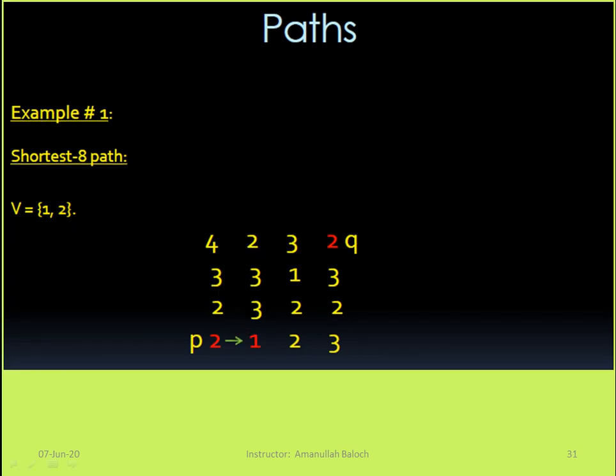From this onward we can move from this pixel to this pixel, because this pixel is at N4 of P, and we can also move from this pixel, because this is ND of P. For the shortest 8 path we will consider the N4 of P and ND of P, both will be considered.